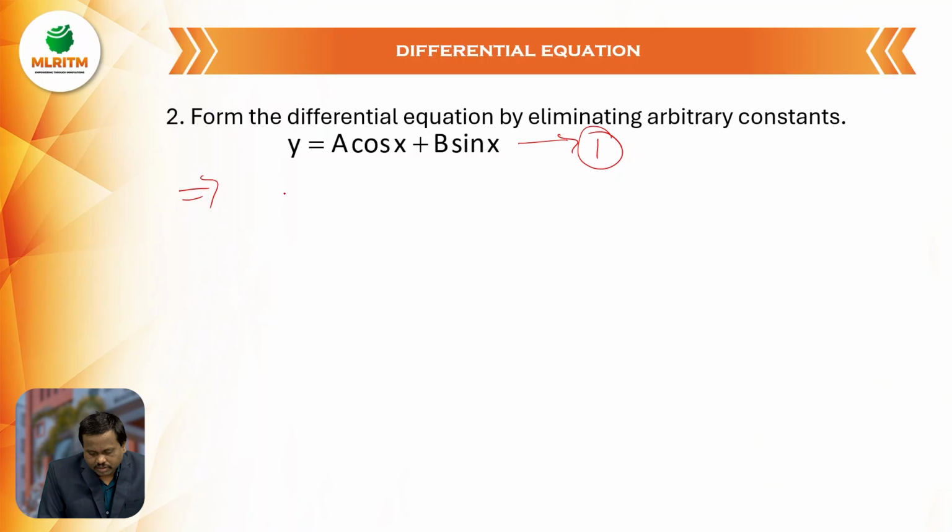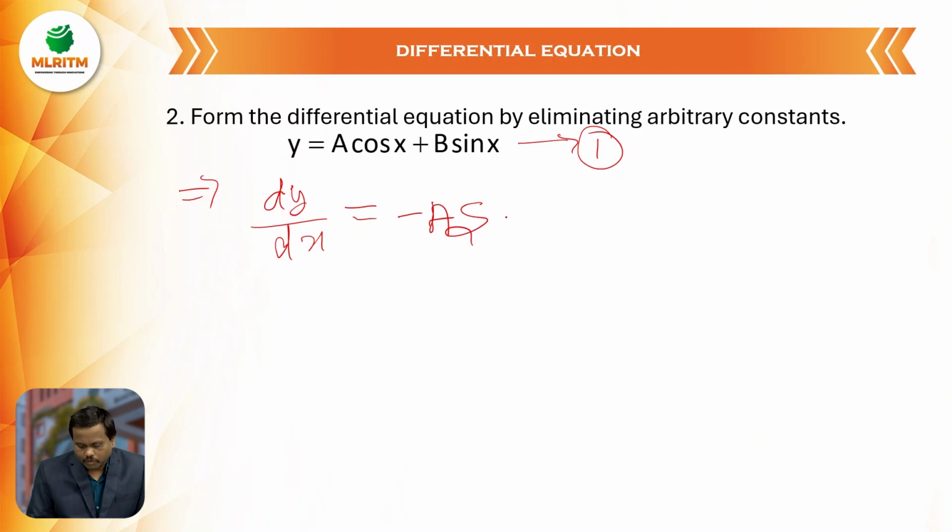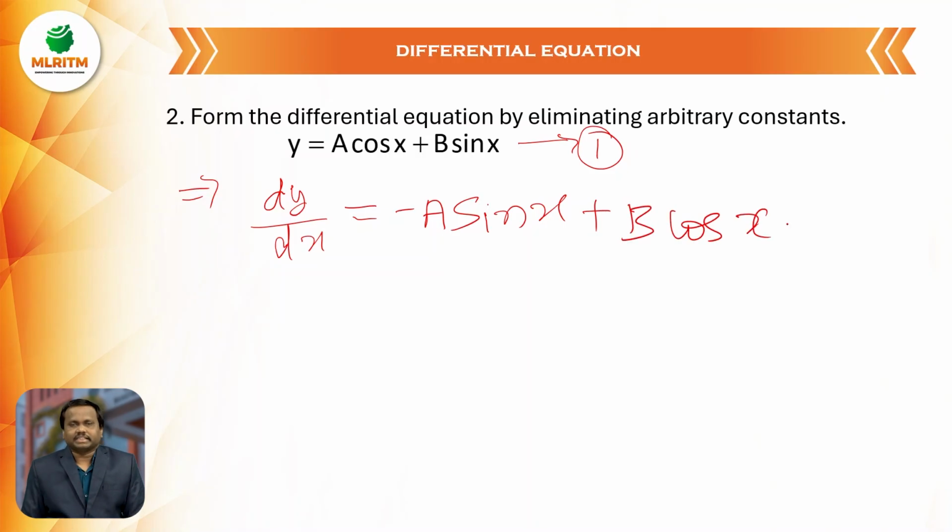So dy by dx is equal to, the derivative of cos x is minus sin x, so minus a sin x, plus the derivative of sin x is cos x, so b cos x.